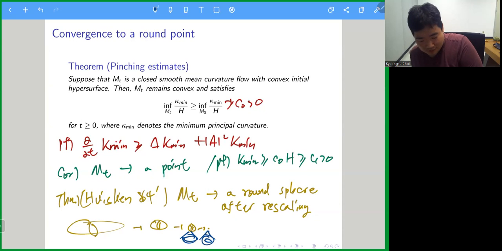So in this case, we say mean curvature flow converges to a round point, for simplicity. Then yeah, this is a nice result. If the initial data is convex and closed, then it must converge to a round point, like a shrinking sphere. So pretty rigid.